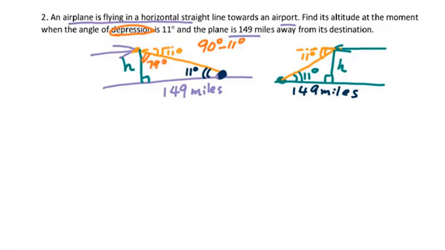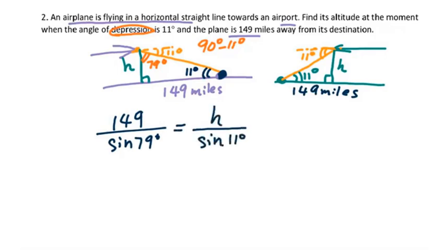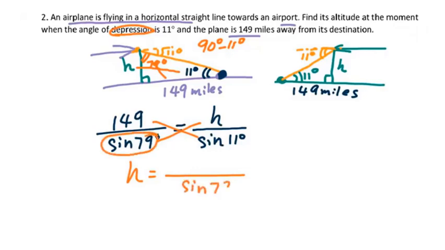So we have 149 over sine 79 degrees equals H over sine 11 degrees. A corresponding angle and a corresponding side. So cross multiply, H equals 149 times sine 11 degrees, with sine 79 degrees as the denominator. You will get 29.0 miles.